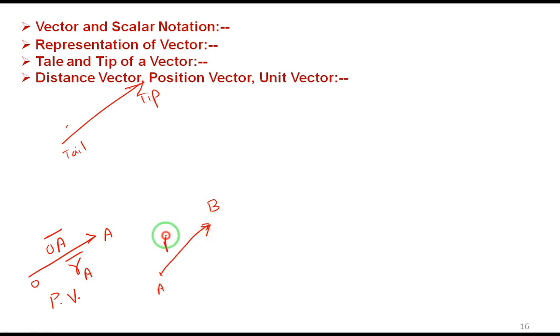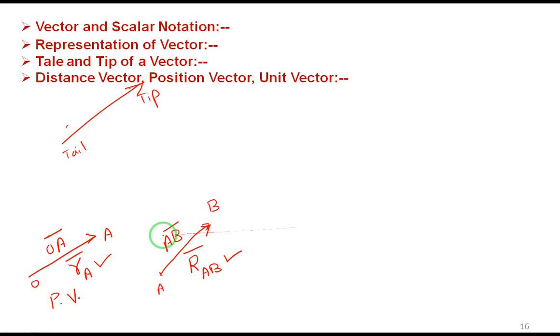So I can write vector AB. This is the distance vector. A distance vector means two points are in space, and both points are not at the origin. Another notation used in Hayt and Buck is the capital R vector, R_AB. So we will use this notation for the position vector, and this notation for the distance vector.